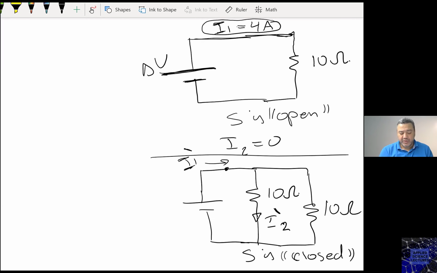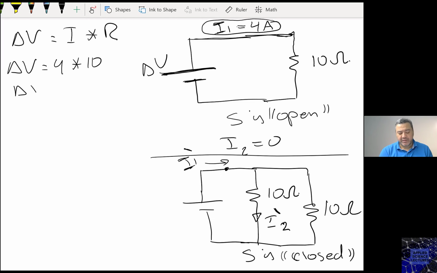Because I know that delta V equals I times R. I know the current going through this resistor, I know the resistor, then delta V is 4 times 10, delta V equals 40 volts. Okay, this is very important and very useful.